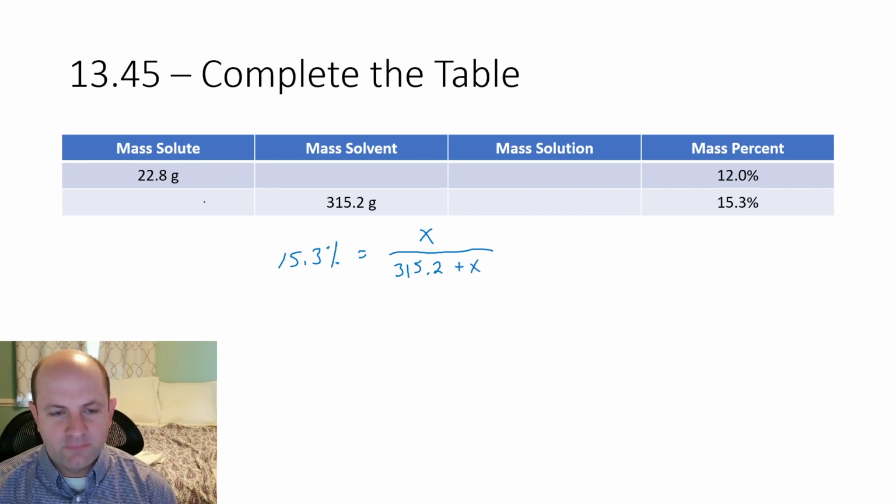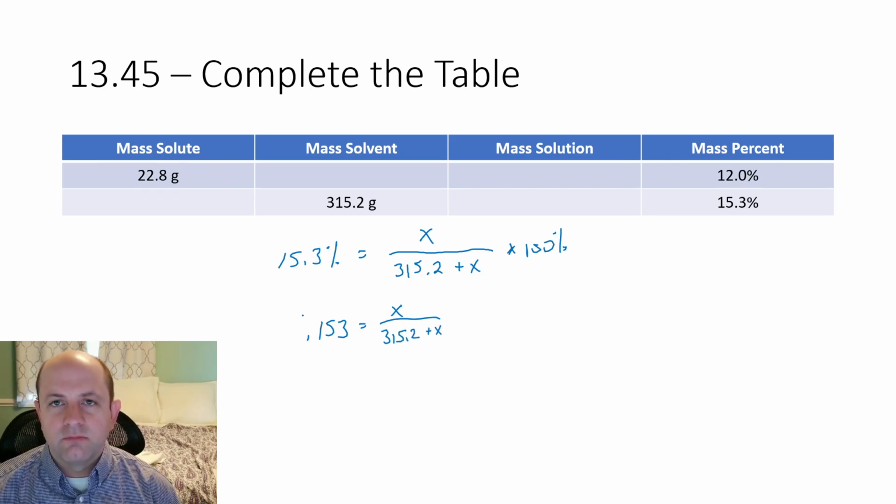Because it's the solvent and the solute. So they're the same number in both spots. And then that's times 100%. Now when we move things around, we say that 0.153 is equal to X over 315.2 plus X.